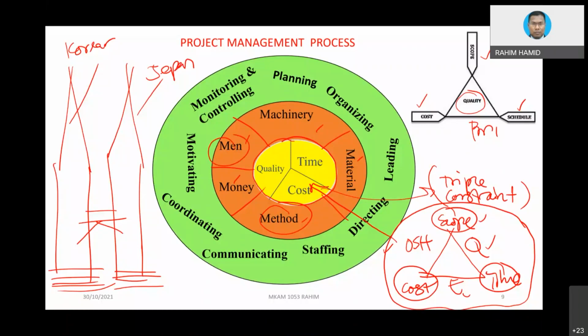They do have Korean and Japanese expatriates, but most of the workers are coming from Bangladesh, Indonesia, Vietnam, etc., not even from Japan and Korea. Material, they are not going to import all the material from Japan and Korea. They can use all local material. Machinery, they do have some of their own brand machinery, but you can use any machinery available anyway. Money, they are not going to use all Japanese yen and Korean won. Money is money. You can use whatever denomination.